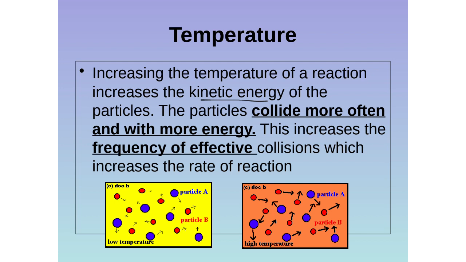And it also allows our molecules now to collide with more energy, so we satisfy the activation energy requirement as well. So out of all of the factors, temperature is our favorite. Okay, so we like to maximize temperature. That's supposed to be a smiley face because that satisfies alignment and it also satisfies activation energy when you have your molecules moving around that much faster with higher kinetic energy.